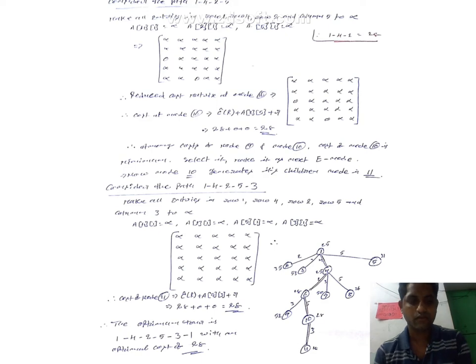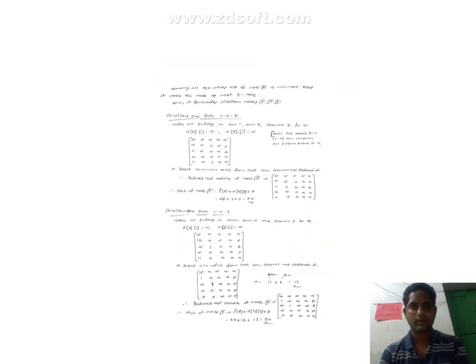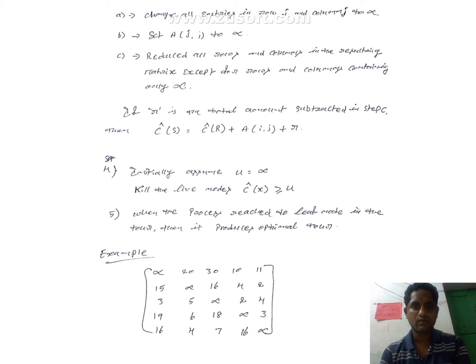So likewise you have to perform the operations. The condition is C cap of S equals C cap of R plus A of I comma J plus R. So likewise we have to perform the traveling salesperson problem using the branch and bound technique.